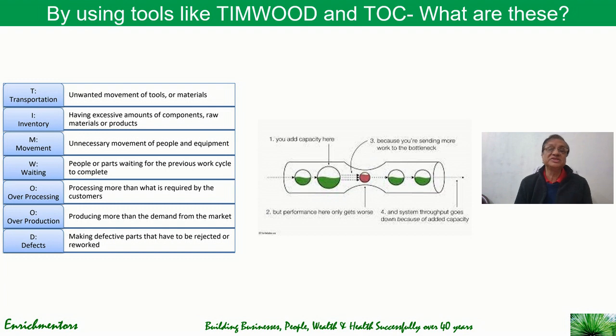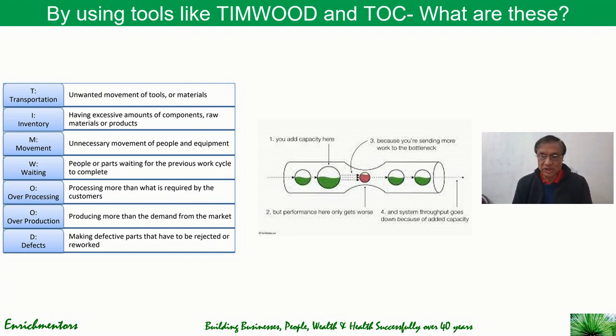Timwood focuses, as we will see in more detail in the next lecture, on reducing waste, all kinds of waste, and as you see here, there are 7 kinds of waste identified: transportation, inventory, movement, waiting, order processing, overproduction, and defects. We will look at how we can minimize that waste as we go along.